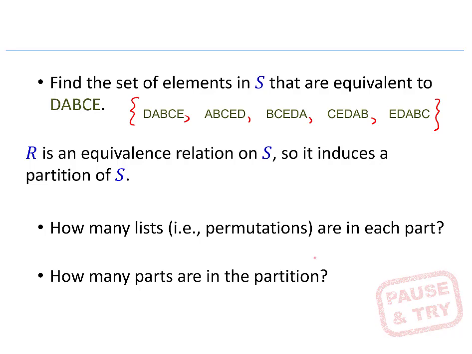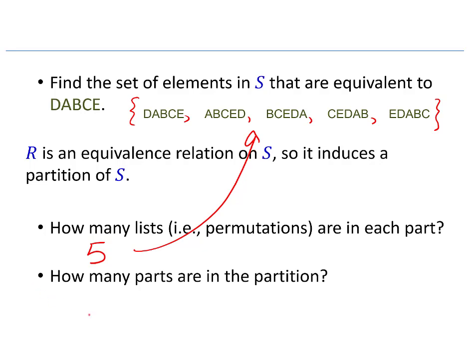All right, so the first question is just immediate from our work up there. There are 5 lists in every part. All the permutations are just permutations of 5 letters, and there are 5 ways of cycling those letters around. The next one might be a little more tricky though. How many parts are in the partition? Well, we know that there are 120 permutations in total.